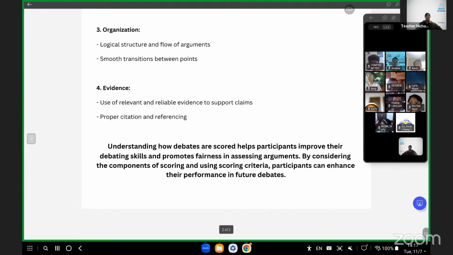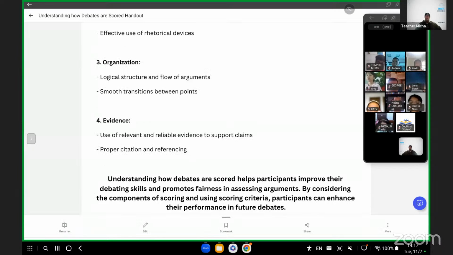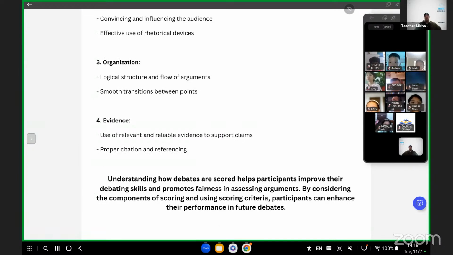So understanding how debates are scored helps the participants improve their debating skills, and it promotes fairness in assessing arguments. So if we know what the judges are looking for and how they're going to mark us, we can do everything we can to make sure that we get as good a score as possible.